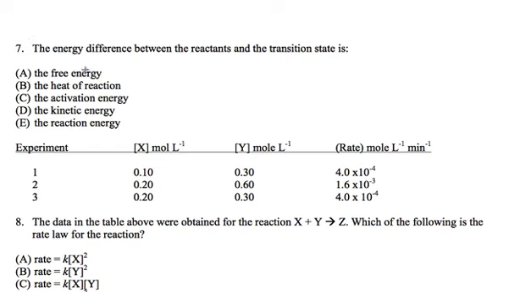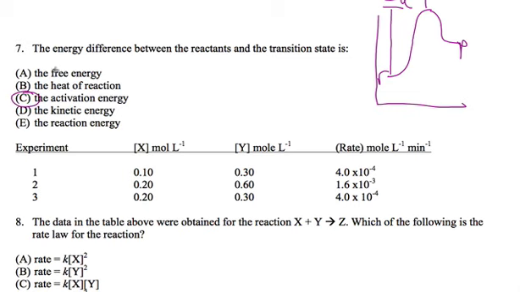Okay, number 7. The energy difference between the reactant and the transition state is. Here's reactants, here's products, here's the transition state. This energy difference is called the energy of activation, the height of the hill. Free energy is delta G, which is not seen in this at all. Heat of reaction, haven't seen that. The kinetic energy, the reaction energy.